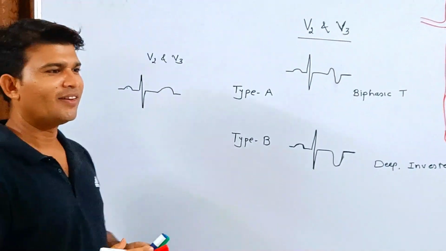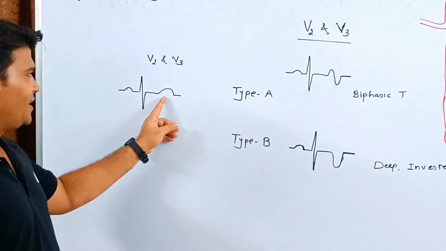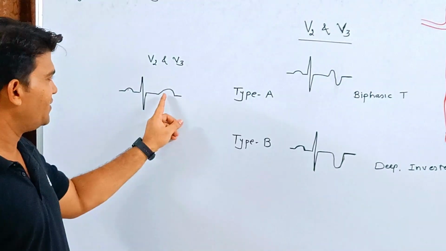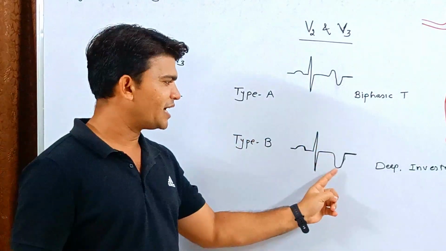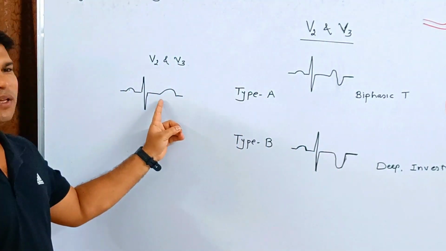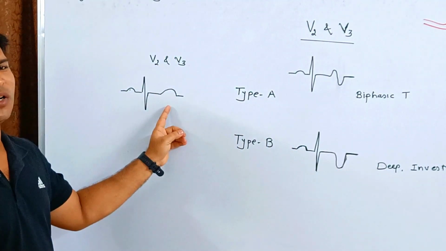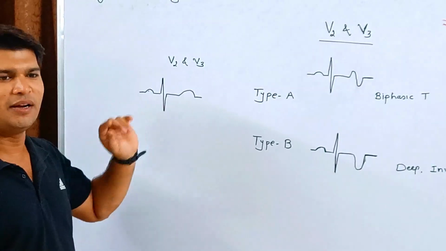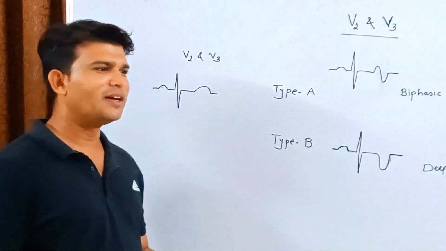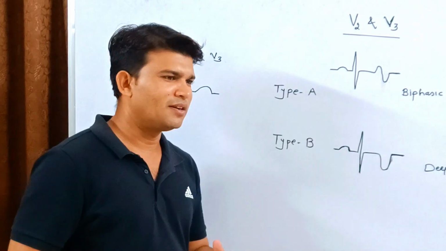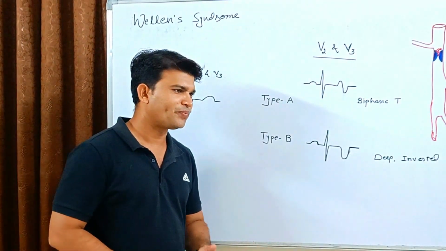Is it positive or tall? Right now it is a positive T wave. See, this is biphasic, this is negative, but here it is basically a normal upright T wave.